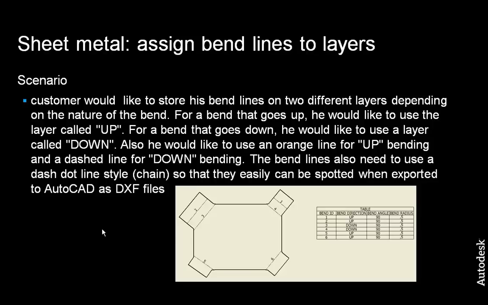At the same time, he wants to give a different line style to the up bends, orange for instance, and a dashed line for the down bending line, so they can easily be spotted even on a black and white plot or when exported to AutoCAD as DXF. So how do we go about doing this?